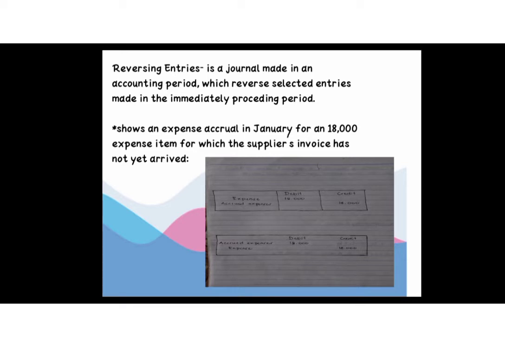Thus, a reversing entry has allowed us to properly record an expense during the period when the expense was incurred, rather than in a later period when the company obtains the supplier's invoice.